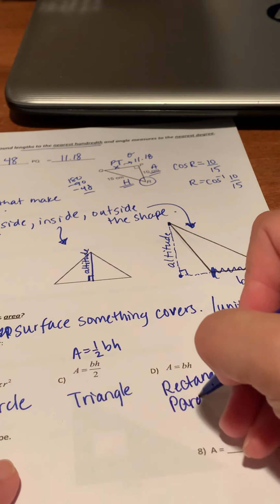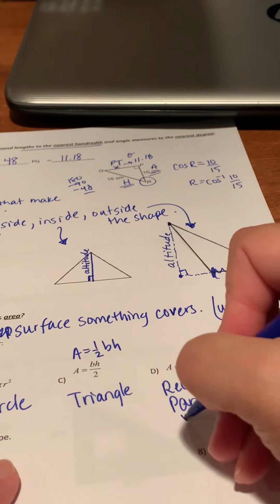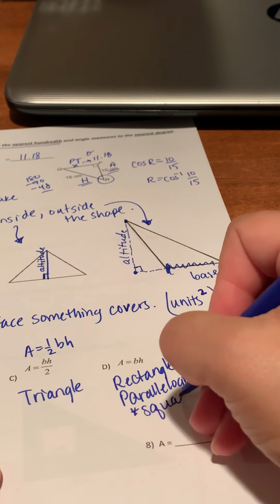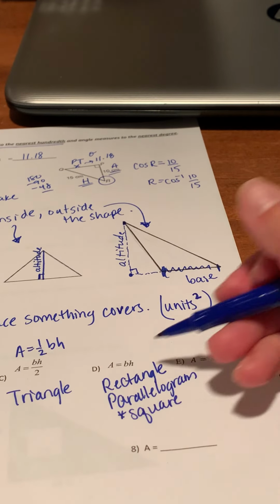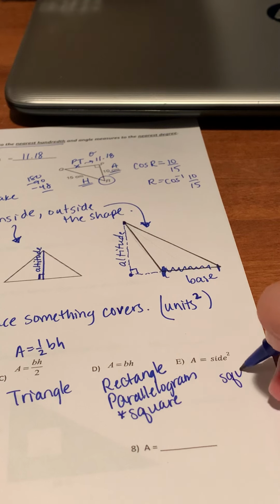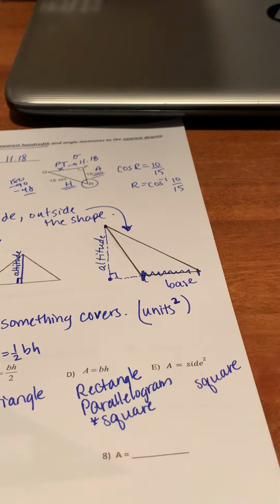It's a parallelogram as well. And technically, this also works for a square. I say technically because the next one is definitely a square, because all the sides of a square are the same, but we could also use base times height since they're all the same, it still works out.